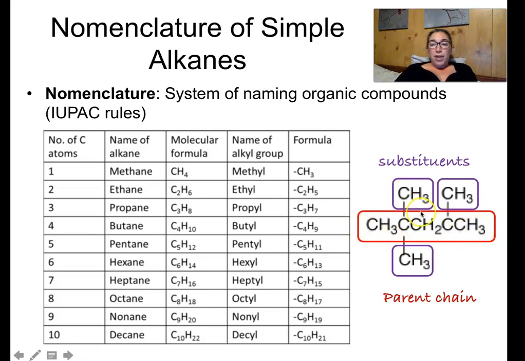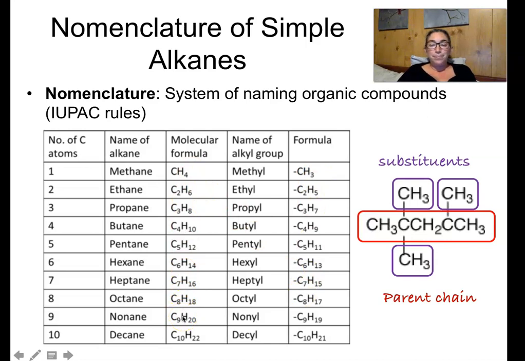But then it has these branch groups coming off, these CH3 single carbon branch groups, which we call the substituents. Those would be called methyl groups, not methane, but methyl, because they're substituents. And because they're sticking off, that means they have 1 less hydrogen than if it was just a straight chain with that number.